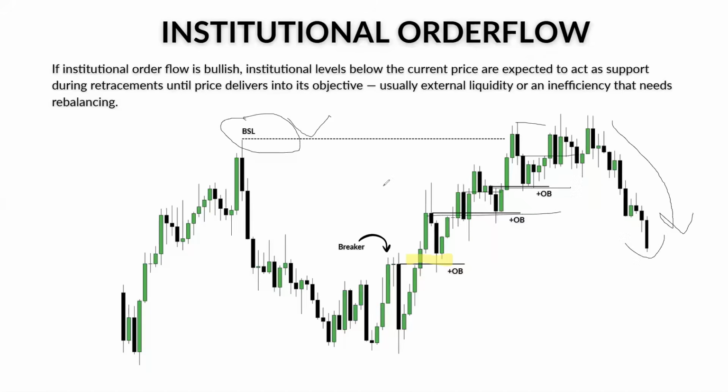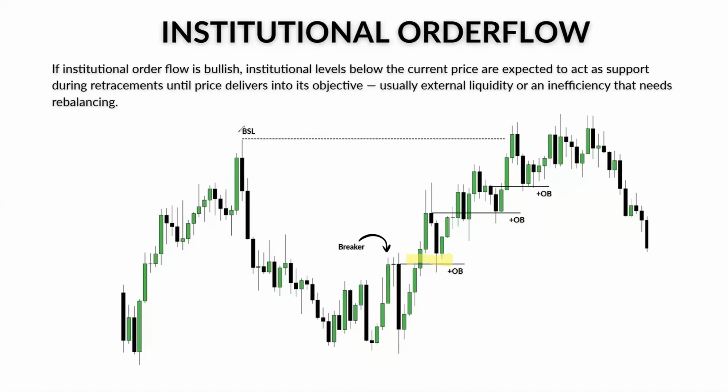So therefore, if institutional order flow is bullish, we want to see every institutional level holding price until the objective is achieved. Meaning that if you can predict where price is most likely to go, you can trust every institutional level as price retraces. You can be buying here, buying here, buying here, and buying here. Now, once this objective is achieved, you'll stop buying.